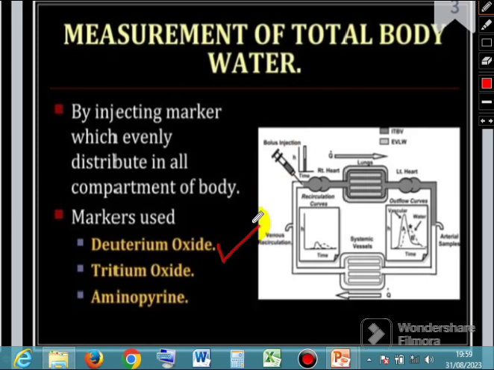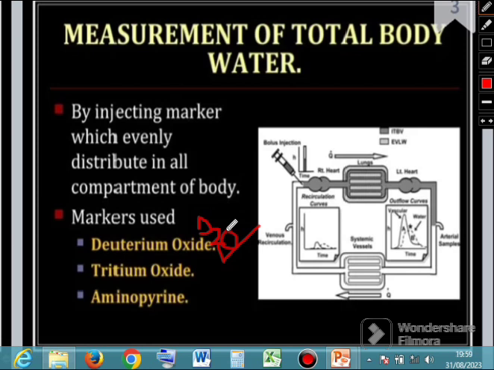The formula is D2O. It is also known as heavy water. H2O is water; deuterium oxide, the formula is D2O.